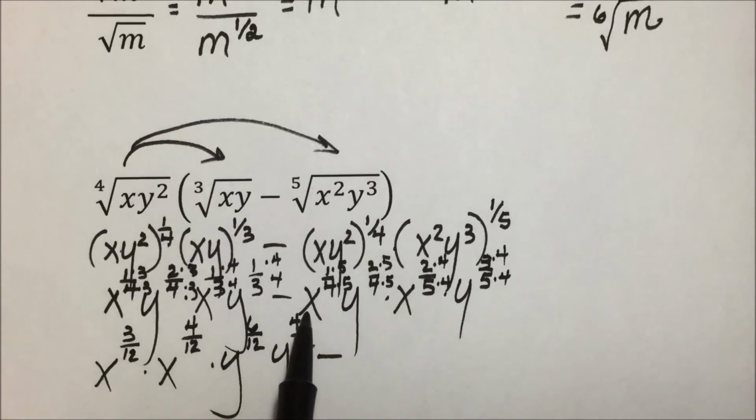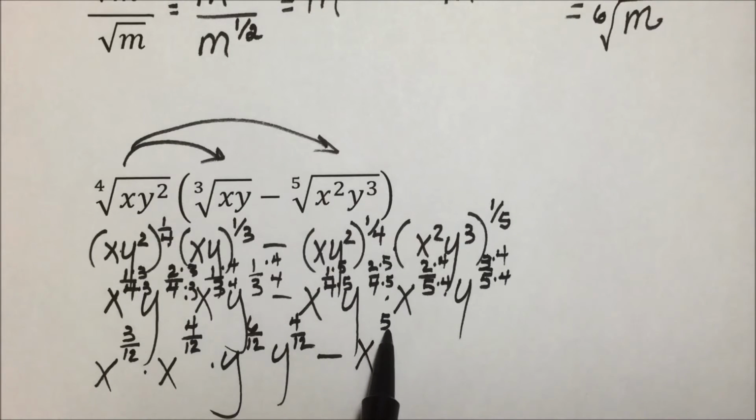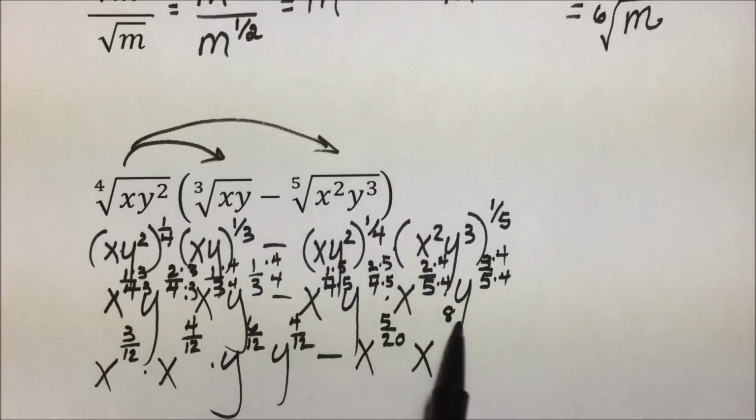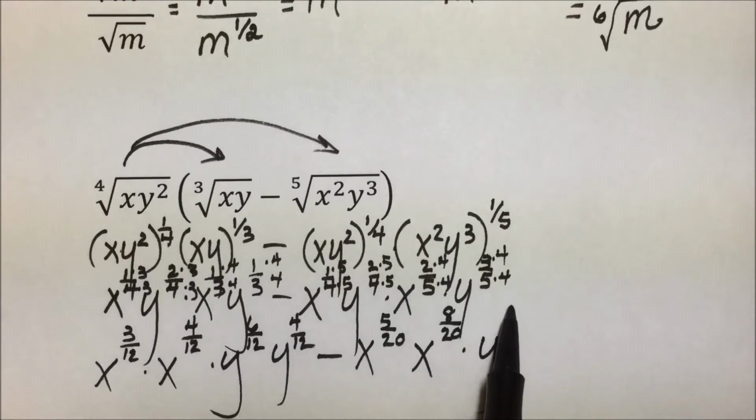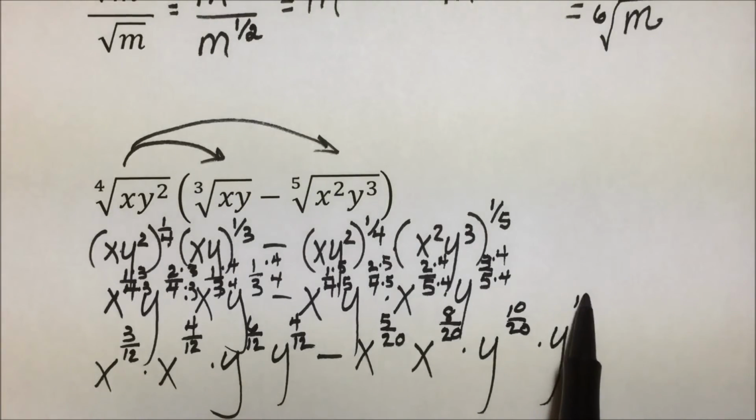So we have x to the 5/20. Commutative property with the multiplication, I'm going to bring that next x in line, and that's at 8/20. Our y is to the 10/20, and our last y is to the 12/20.